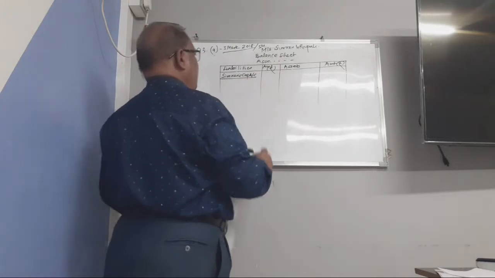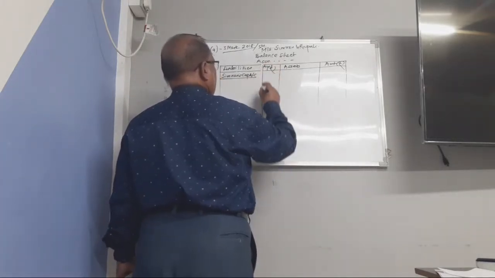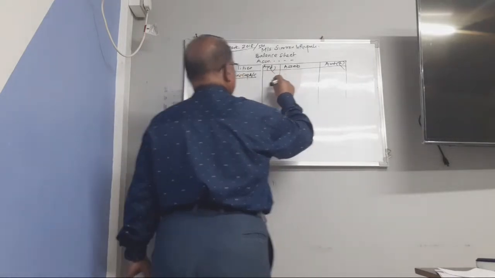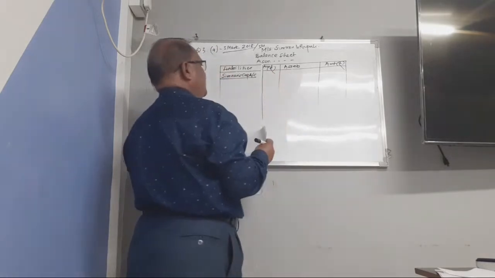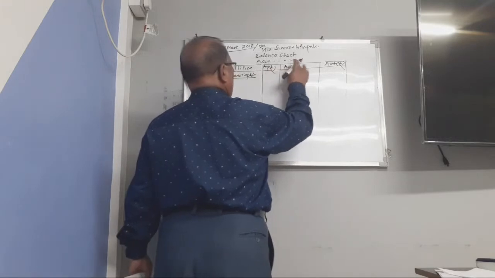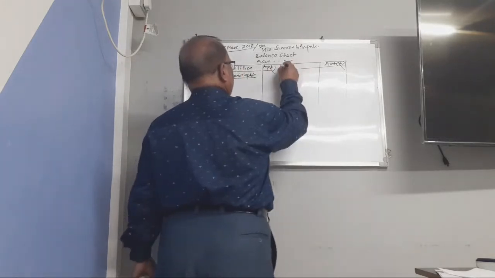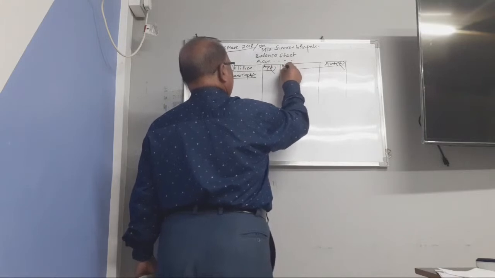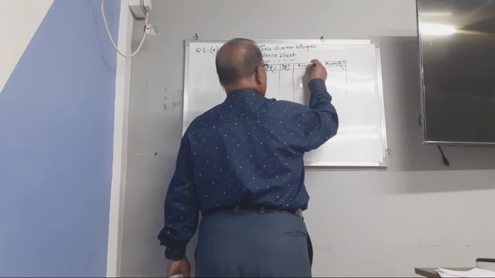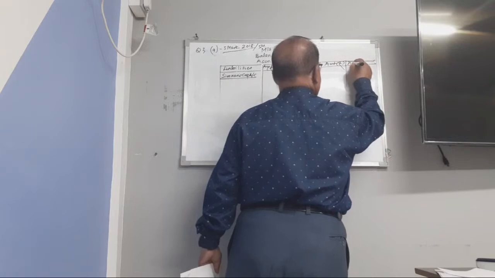The amount of Simran's capital is given to you, and we prepare two columns, an inner column and an outer column, because we have to distribute the net profit between them. Then here the assets, inner column and outer column. We will prepare like this. Amount in rupees.